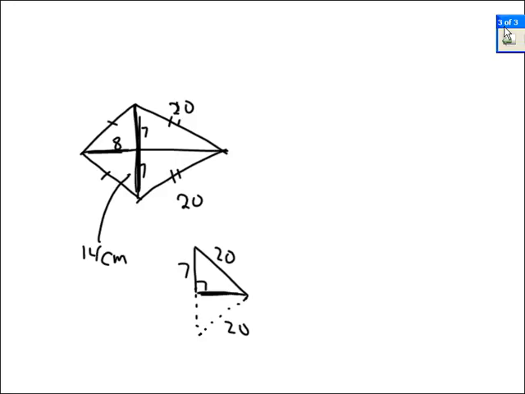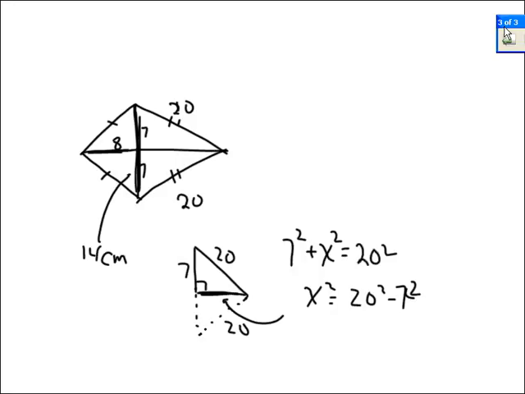So this is 7. Now, I can figure out how long that is. For the moment, call it x. 7 squared plus x squared is 20 squared. x squared is 20 squared minus 7 squared. It's 400 minus 49, which I guess is 351.